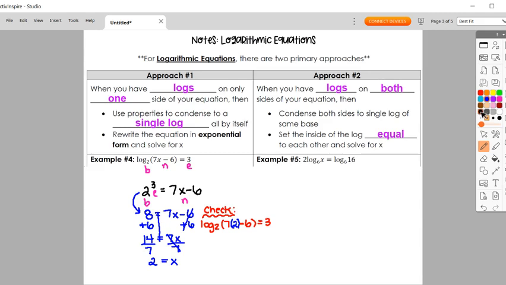I go ahead and solve the inside of this down to get log base 2 of 14 minus 6, and I get log base 2 of 8. Because that is a positive number inside, and because the base on my log is positive, I have no extraneous solution when x is 2.